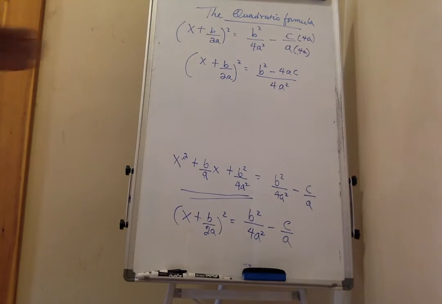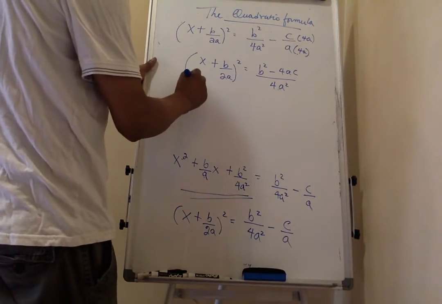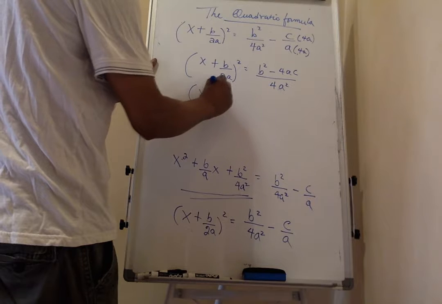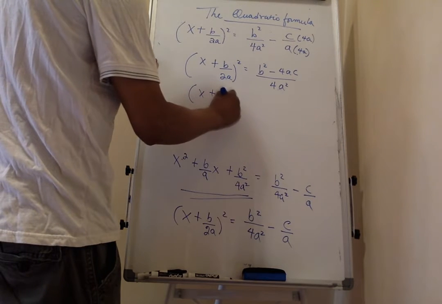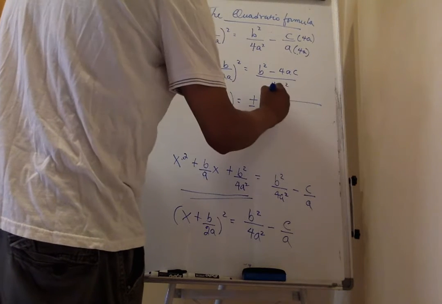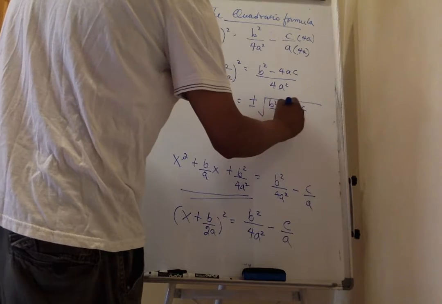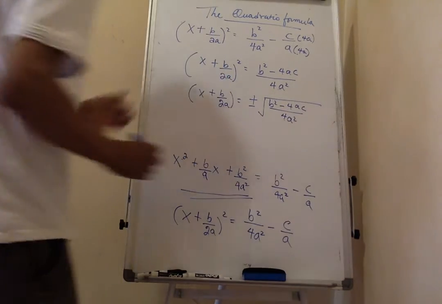Okay? Now, if this is equal to this, then the square root of this, which is x plus b over 2a, is equal to plus or minus the square root of b squared minus 4ac over 4a squared, right?